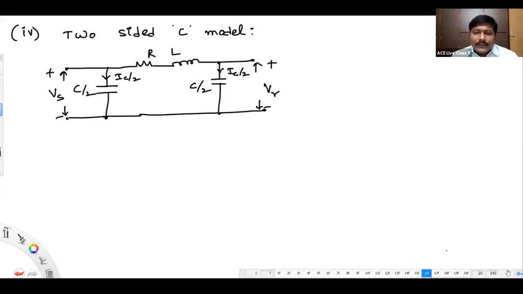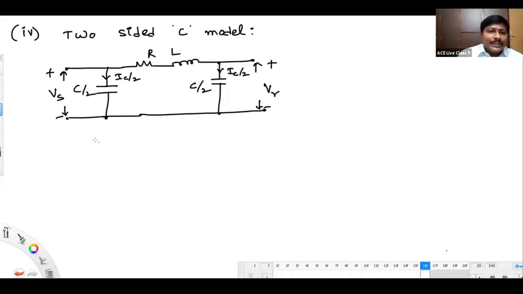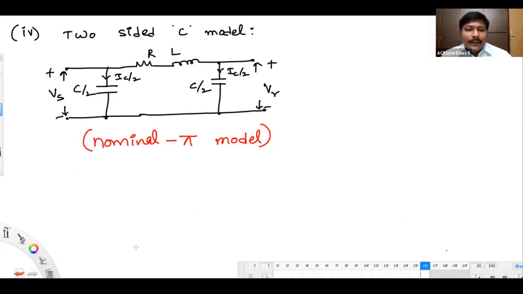The next one we are going to call the nominal pi model representation of the line. Nominal T model, nominal pi model. We'll take some small problems on this.